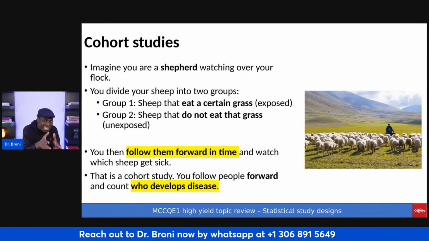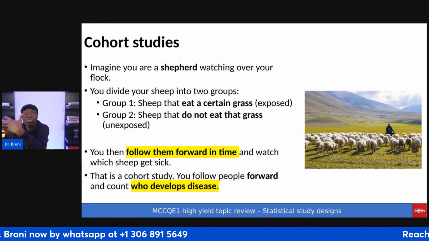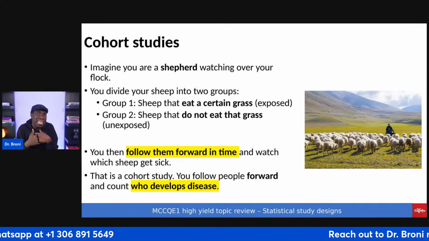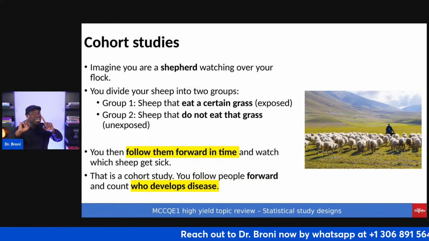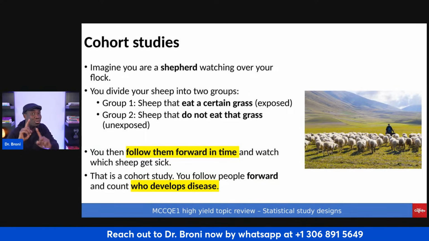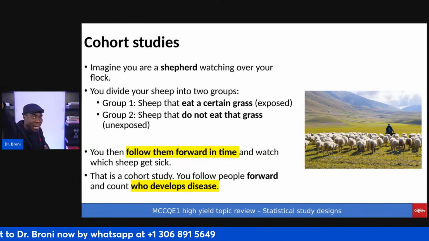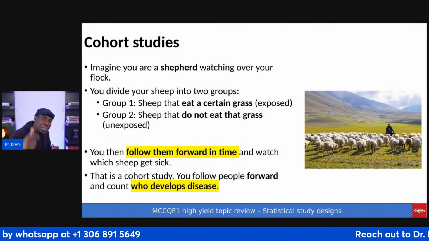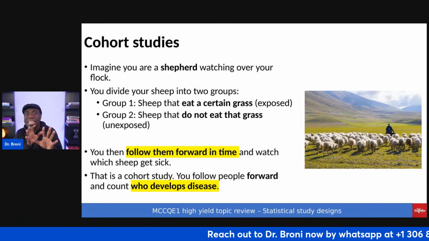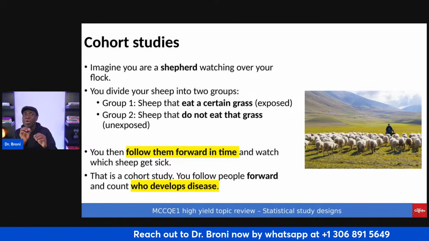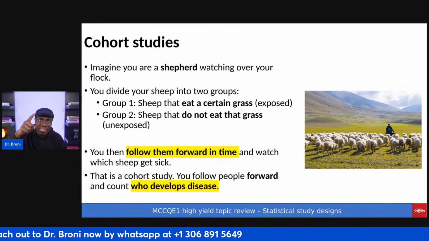The sheep that eat that grass are what we call the exposed group, and those who do not eat that grass are the unexposed. Then you follow them in time and watch which sheep get sick. That is a cohort study. You follow people forward and you count who develops a disease.